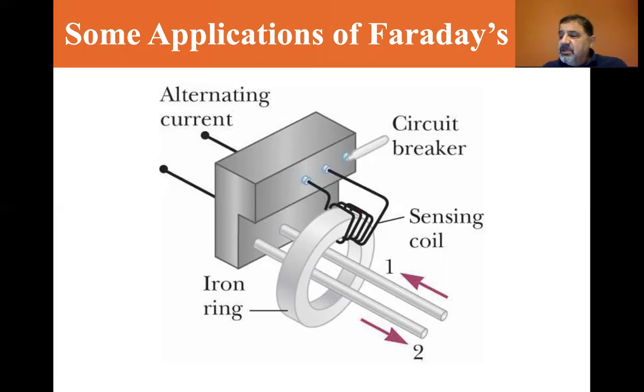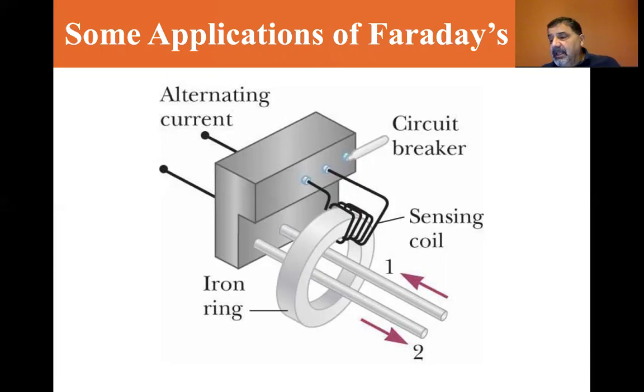So there's a zero net flow through the ring. However, if something happened to where part of the current takes a different path, you'll get a change. There'll be a change in 2 or in 1, where 1 will be stronger.